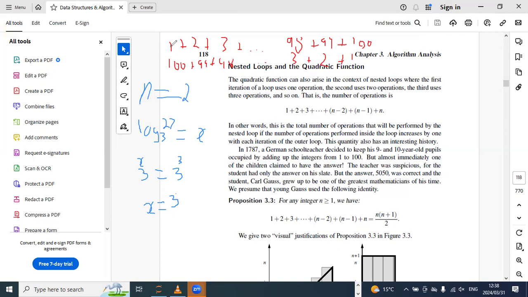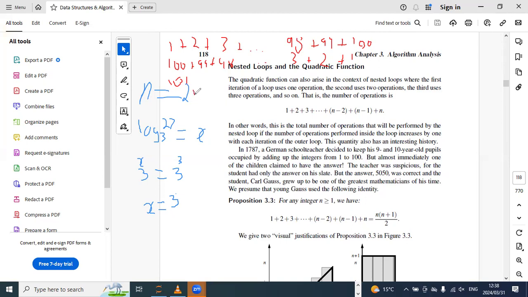The student realized that 1 plus 100 becomes 101, and 2 plus 99 gives 101, 3 plus 98 gives 101, and 99 plus 2 gives 101.